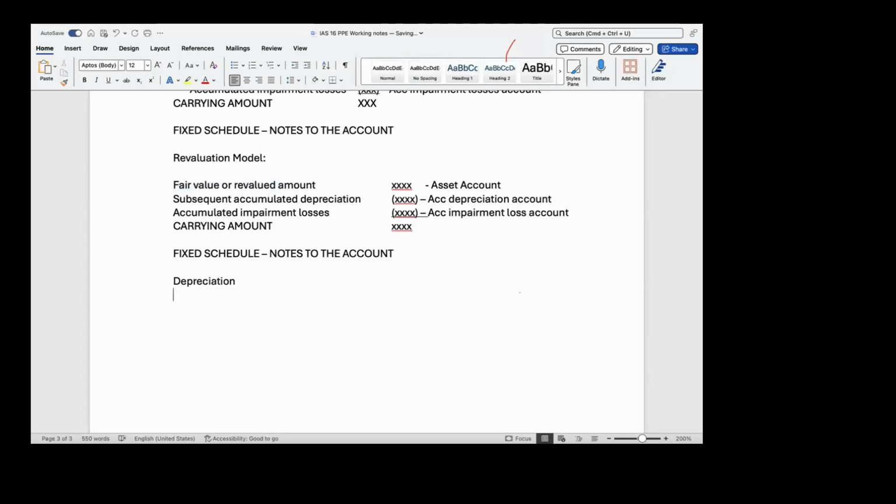Now, let me go to depreciation. The first thing I need to tell you very clearly is that depreciation is not loss in the value of an asset, or a way to provide for replacement of an asset, or something that shows that an asset is losing value. Please take that away from your mind first, because that's what most people think depreciation is.